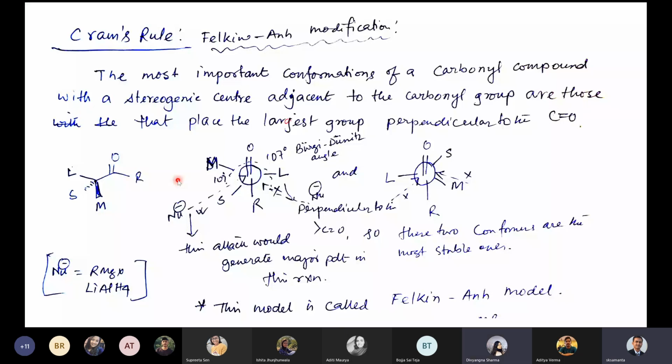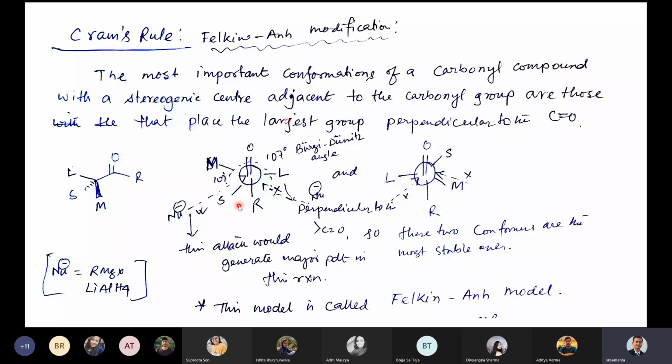Yes, sir. Okay, good. Now you see this Newman projection formula. What is happening in it? Now you see this carbonyl carbon center, that is A, your L, that is B, your M, that is C. So A to B to C is anti-clockwise in nature, correct? If you imagine the stereochemistry of the back carbon, this is your front carbon.